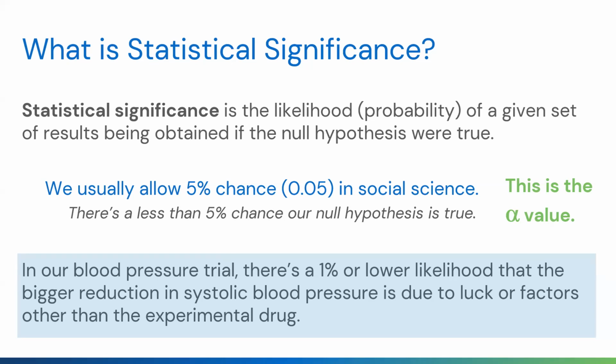And again, that 5% is arbitrary. It's been chosen by other people before us. In fact, I don't actually know who has chosen that value. I'm sure my own professors would not know who that is. It might be Fisher, it might be Pearson, I have no idea. But that's the cutoff that we typically use in most of the social sciences and beyond. So be aware of that cutoff.